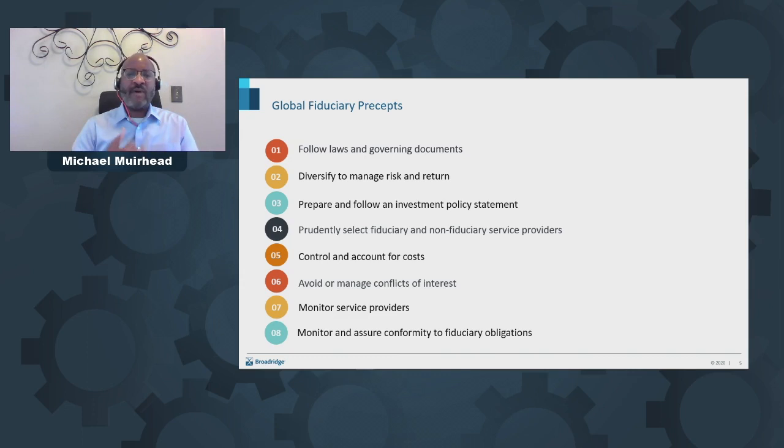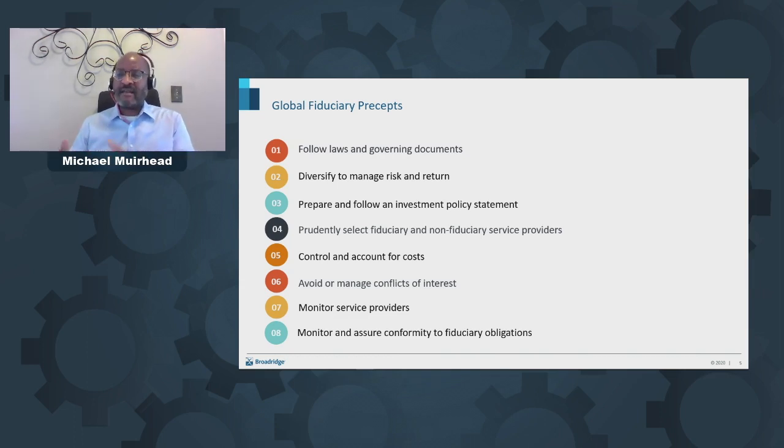First and foremost, it's following laws and governing documents, diversifying portfolios to manage for risk and return, making sure that there is a documented investment policy statement or strategy or plan, prudently selecting fiduciary and non-fiduciary providers, making sure that there are mechanisms in place for controlling and accounting for all expenses and costs related to these client portfolios.